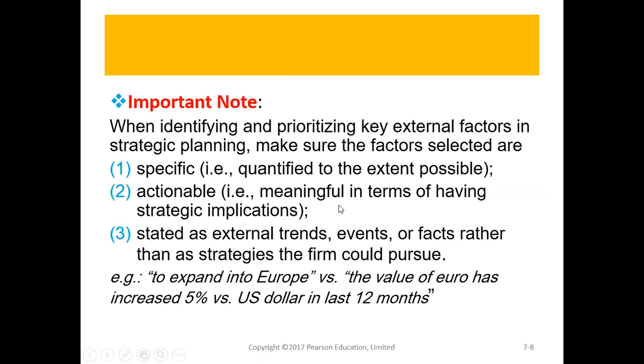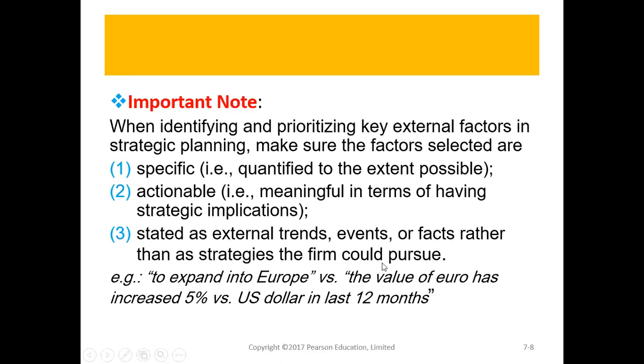Actionable, meaning it's meaningful in terms of how it can impact your strategy, so you refer to the external factor in a way that helps you take action. Third, stated as external trends, events, or facts rather than as strategies the firm could pursue.